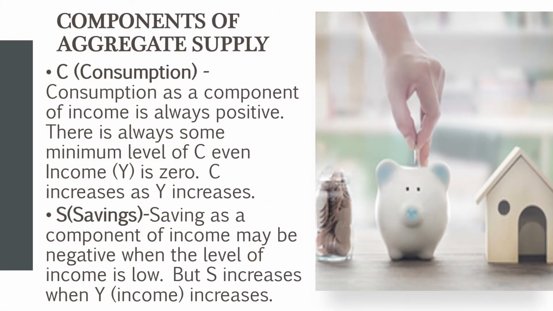Moving on to study the components of aggregate supply. What are the components of aggregate supply? There are two components, consumption and savings. Consumption is denoted by the letter C, savings by the letter S. Consumption as a component of income is always positive because there is always some minimum level of consumption even when income, denoted by Y, is zero.